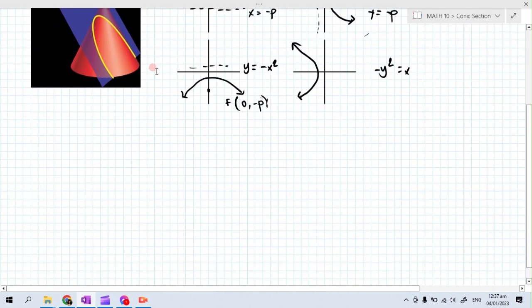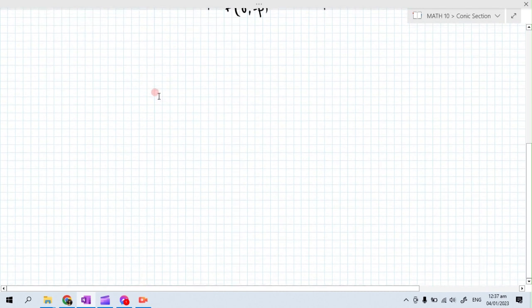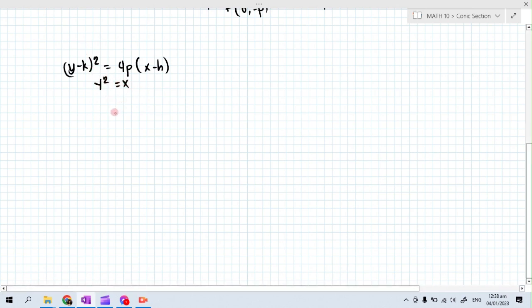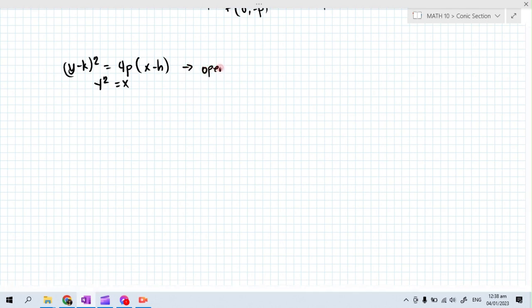Now let's move on to the general equation of a parabola. There are two general equations of the parabola. We have (y minus k) quantity squared equals 4p times the quantity (x minus h). This represents y squared equals x, thus this one opens to either left or right.